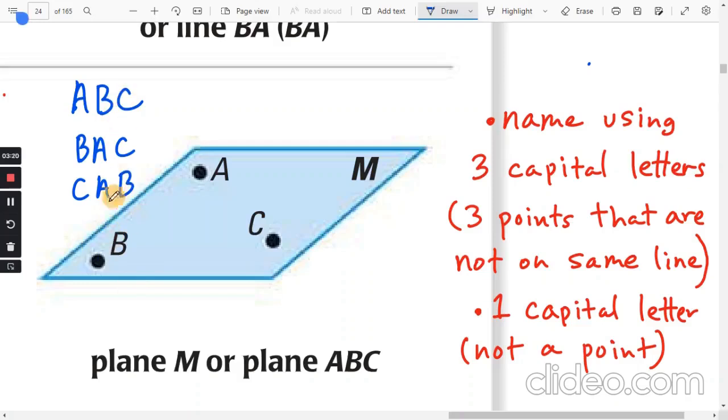Okay, no sense in writing out all the combinations. The order of the letters doesn't matter. Or you can use this letter M right here. That's not a point. So you can say plane M. All right. So 3 letters that are not on the same line, or just say plane M.